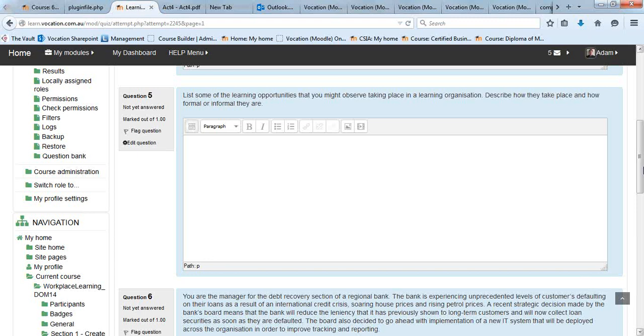Well, there are probably many things. One of them is an organisational restructure. When an organisation changes the way it's structured, that drives the need to have learning within that organisation, because things have changed. Also, when you've got a new product or a new service that's been launched, now this is straight out of the learning materials, guys.